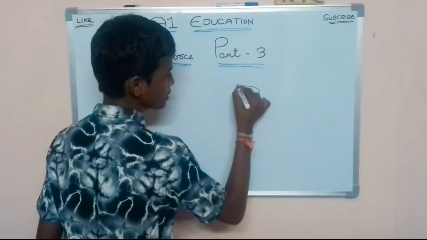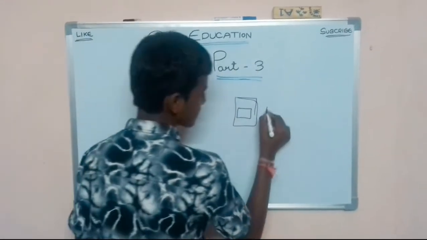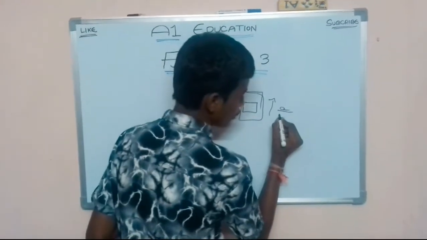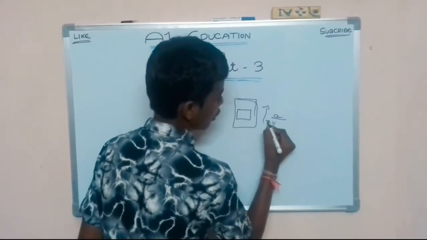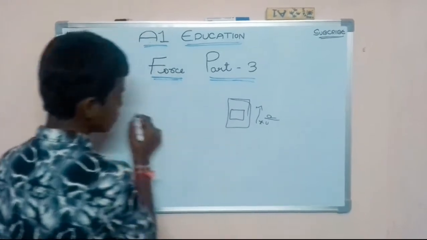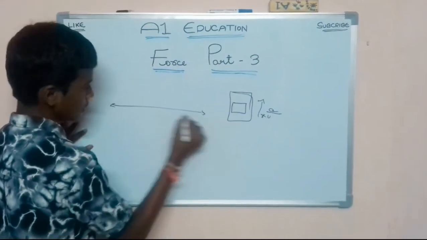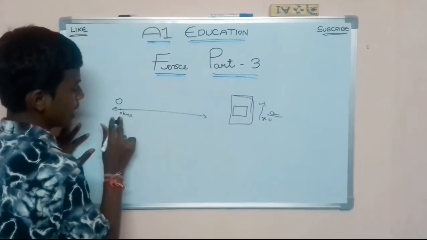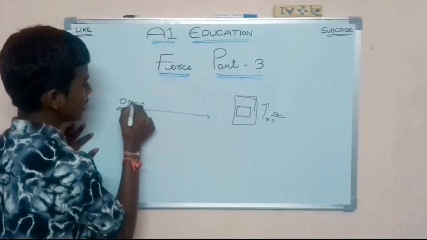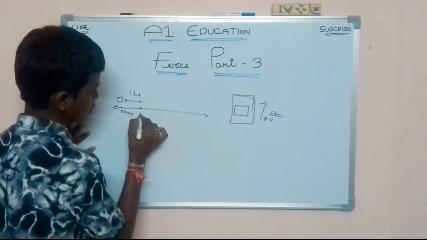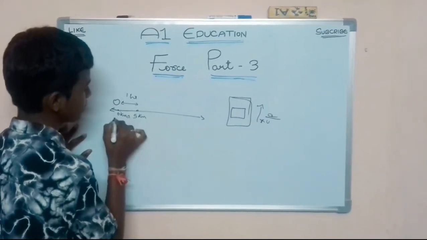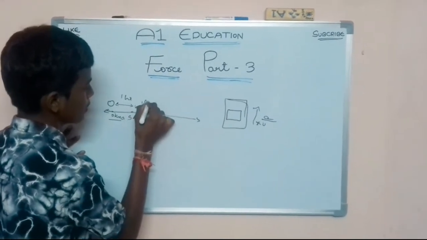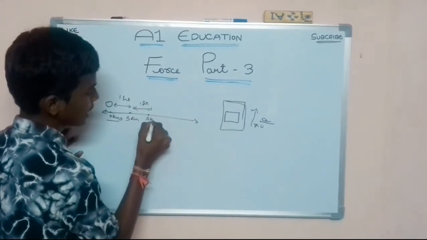Now keep the same object in a lift which is accelerating. What is accelerating? Non-uniform motion. Uniform motion means, if you started at a point at 0 kilometers, after 1 hour you are at 5 kilometers away from the starting point, and after another hour you are 10 kilometers away from the starting point.